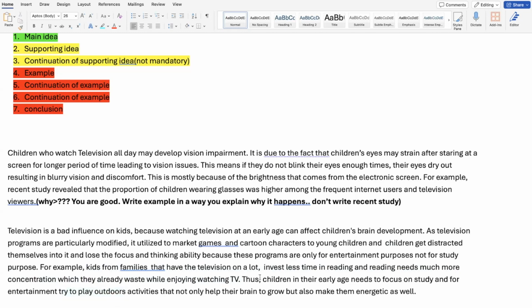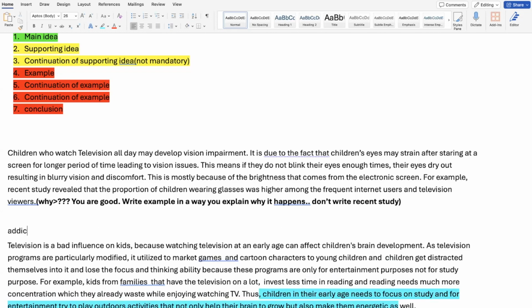Don't offer a solution. A solution is not asked. You're writing that children need to do this, and for entertainment, try to play outdoor activities. No, this is not asked. That's why things are not in sync. You should probably have started with the addiction, because of which it is suggested not to watch TV, because TV will be a bad influence.